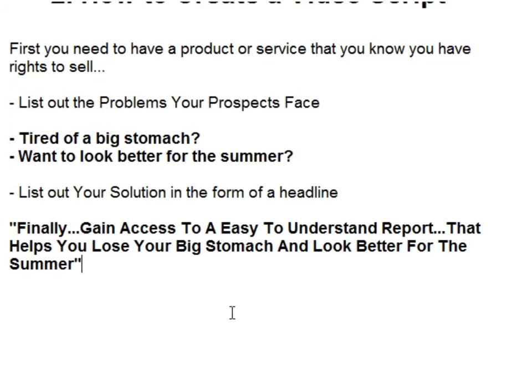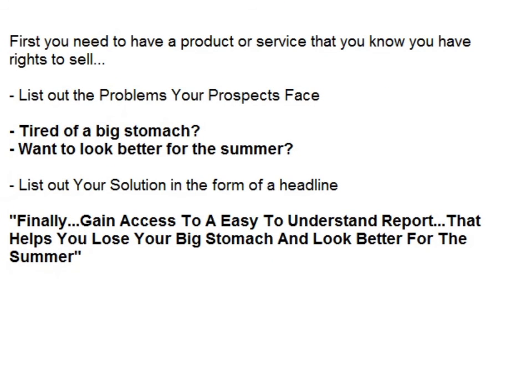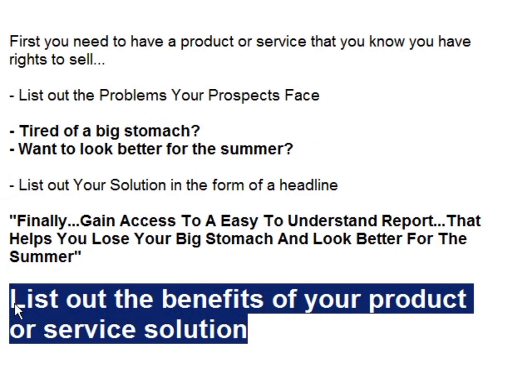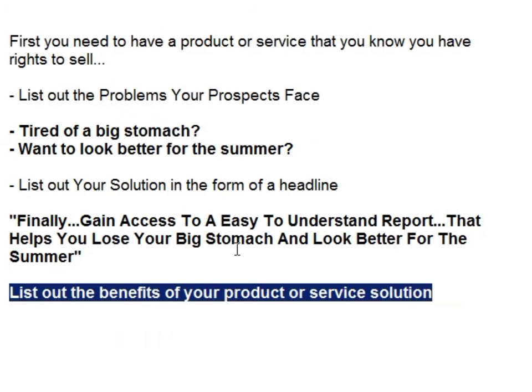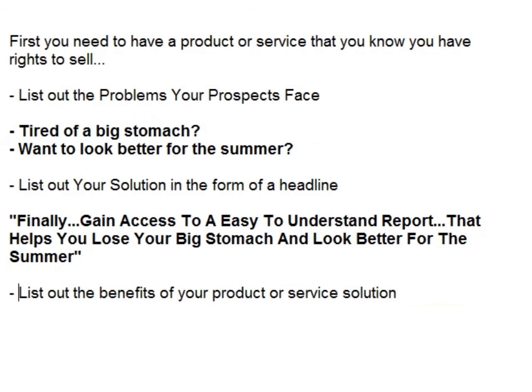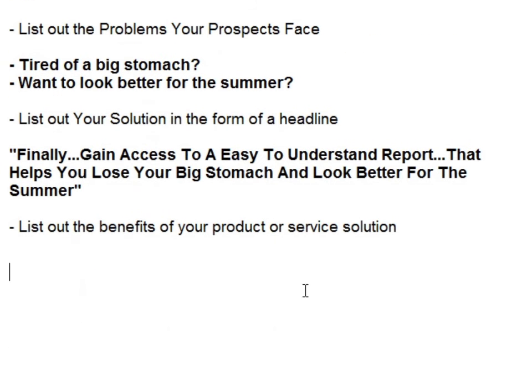The next thing you want to do is list out the benefits of your product. You could say something like, with blank, and the blank is the product name or the service that you're providing, with blank, you can, and start listing out benefits.